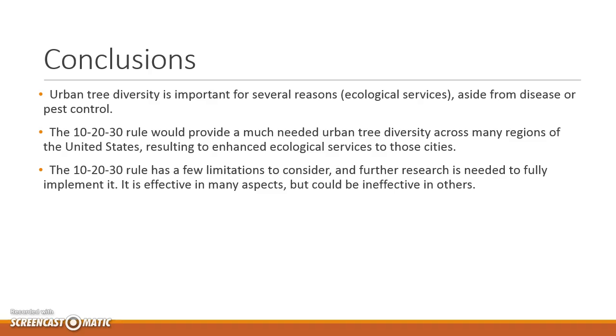The 10-20-30 rule would provide much-needed urban tree diversity across many regions of the United States, resulting in enhanced ecological services to those cities. The 10-20-30 rule has few limitations to consider, and further research is needed to fully implement it. It is effective in many aspects, but could be ineffective in others.